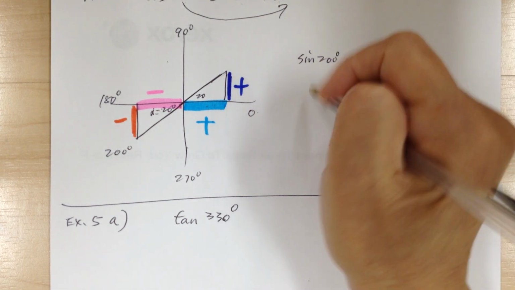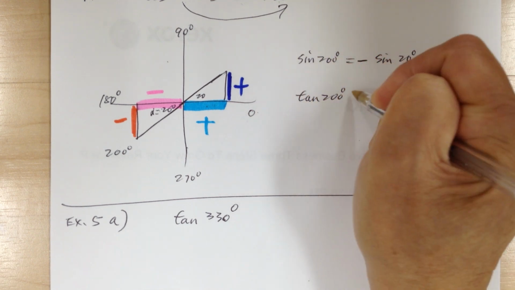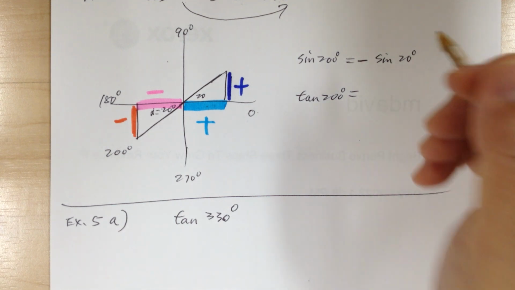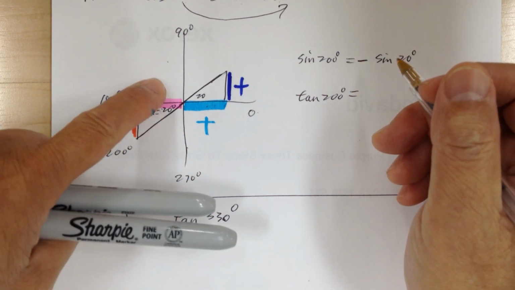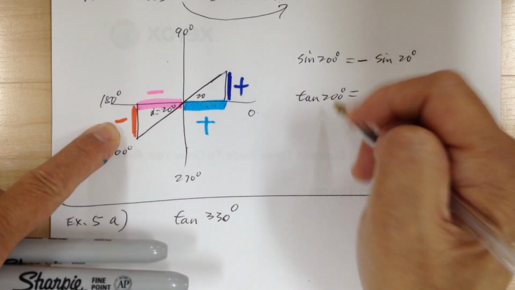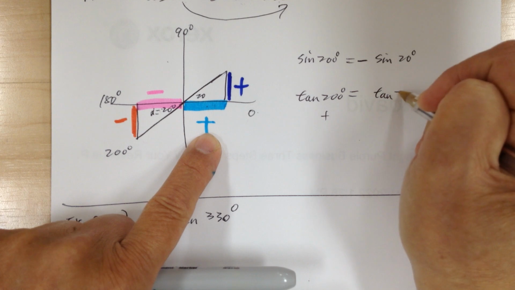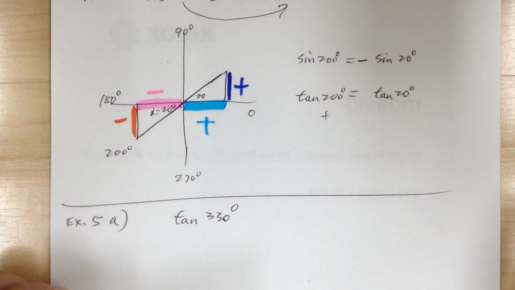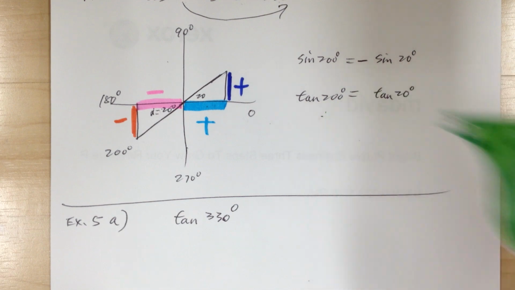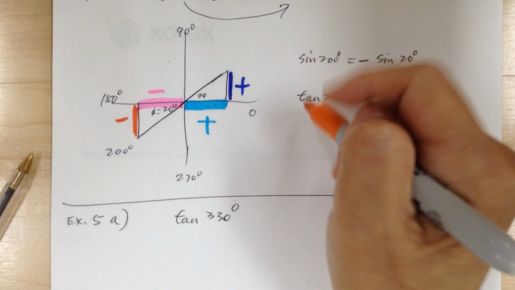Now how about tangent? What happens? You have tangent of 200. Well, tangent of 200 is the slope. So in this case, it's negative over negative, so it's positive, and you change it into tangent of 20 degrees. Well, for 20 degrees, over here this sign is negative.